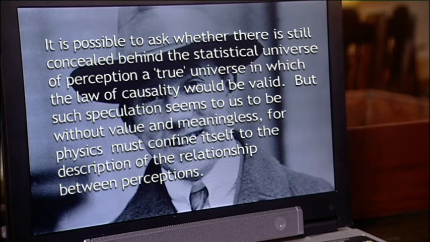The relationship between perceptions, the relationship between observations. We can't say anything about the world in itself, a world that is not being observed. What a shocking idea.